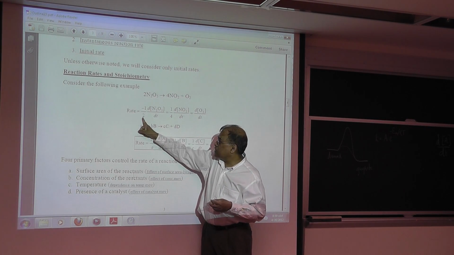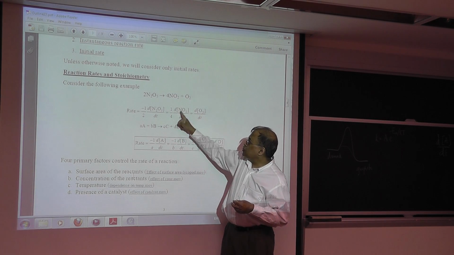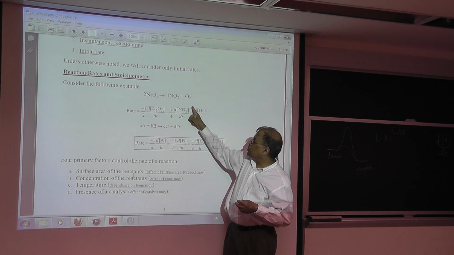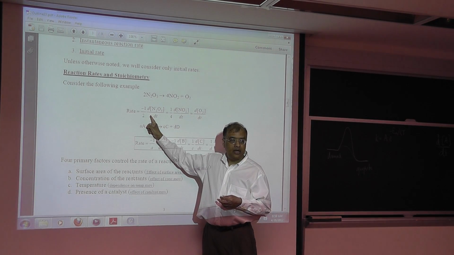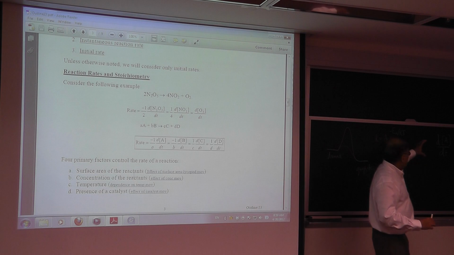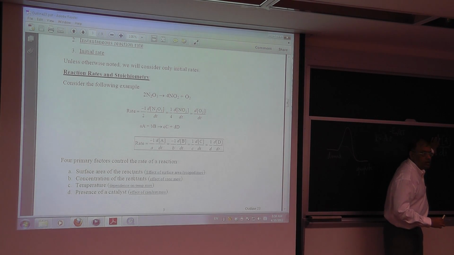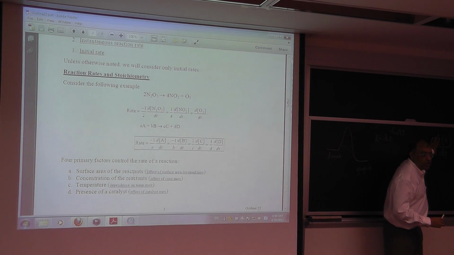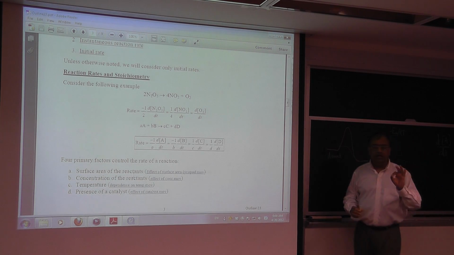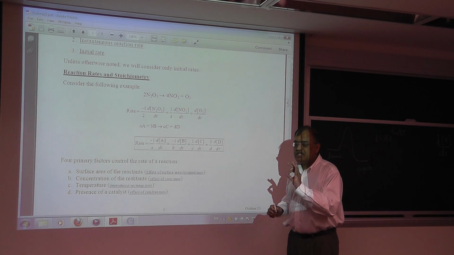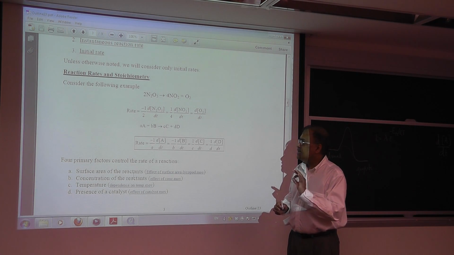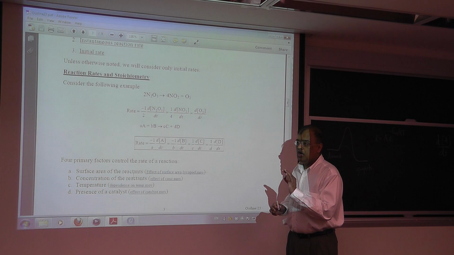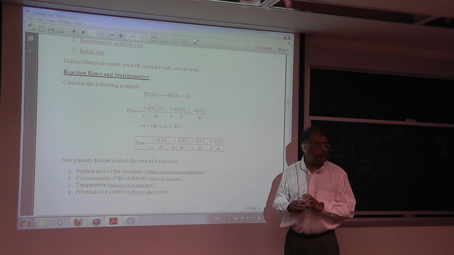For NO2, we divide by 4, and for O2, we divide by 1. If we divide this quantity by the stoichiometric coefficient, we ensure that everybody gets the same answer irrespective of the choice of reactant or product in expressing the rate of the reaction.